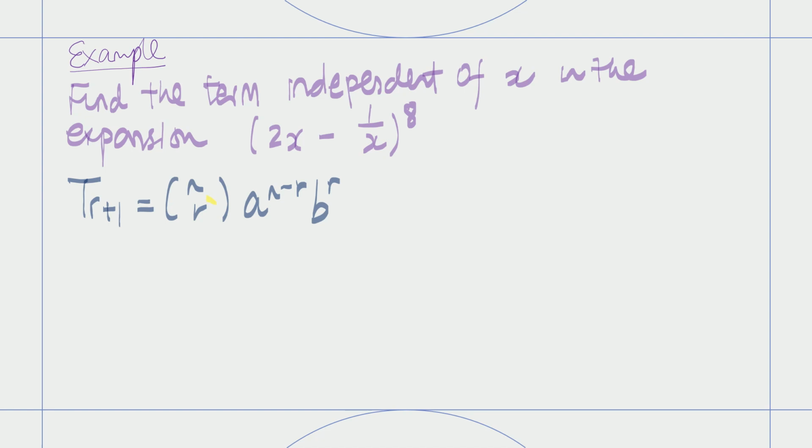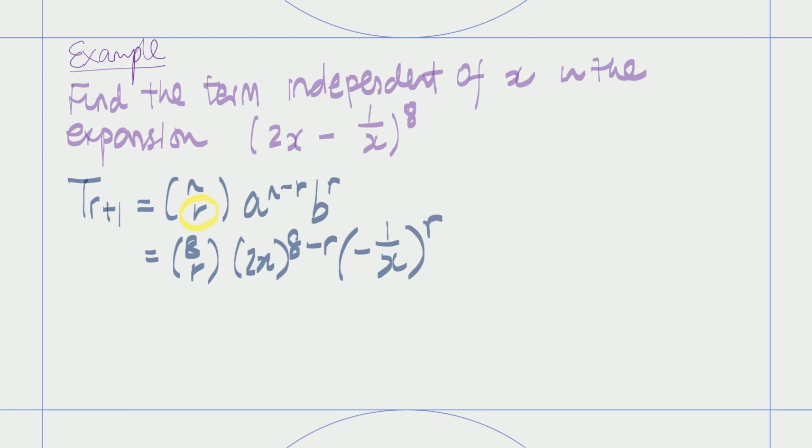But we do know that n is 8, so we can let n be 8, and we do know the value of a, which is bracket 2x to the power of 8 minus r, and b is negative 1 over x to the power r.